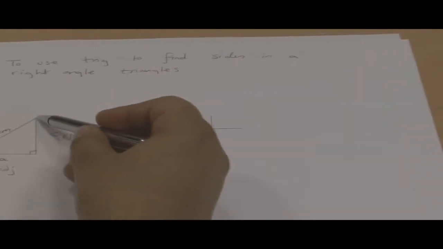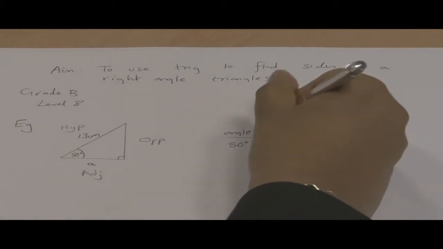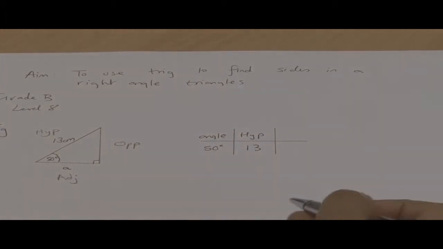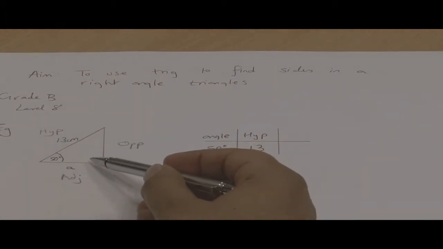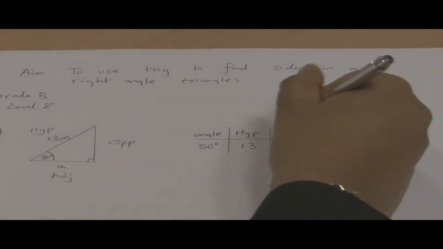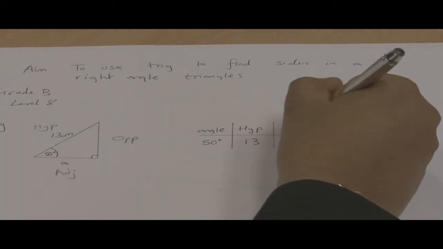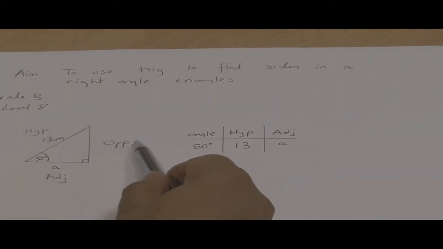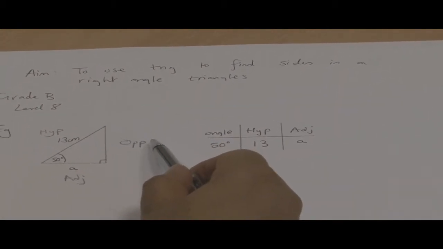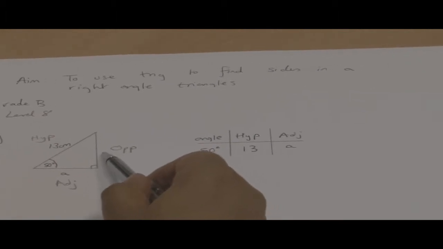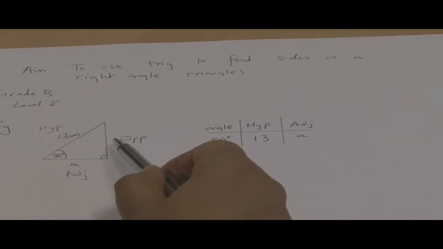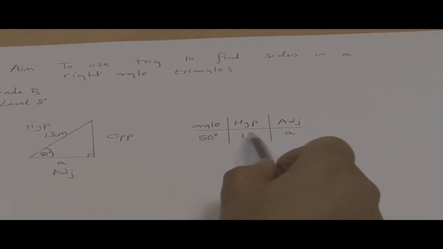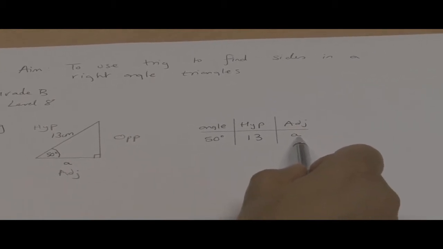We've been given the hypotenuse, so we write that in as 13, and we've got to work out the adjacent. We don't write in the opposite in this example because we don't know what it is and we haven't been asked to find it out. We only put 3 bits of information in.